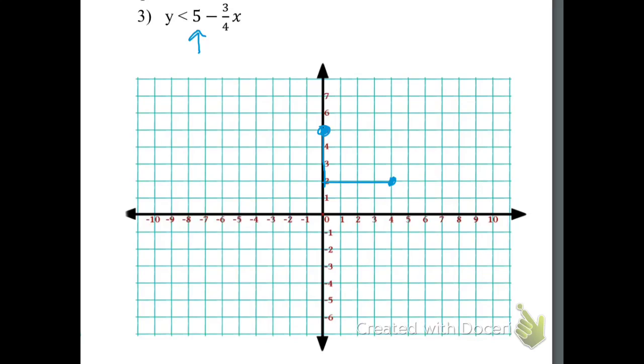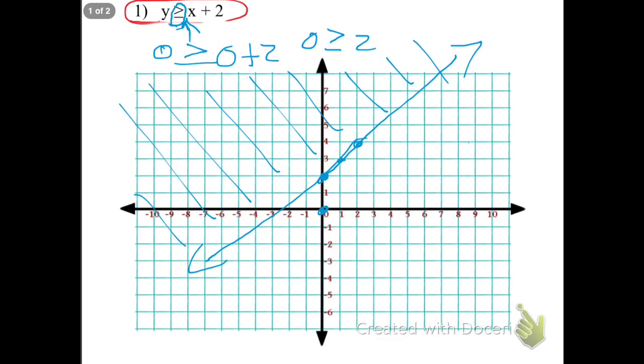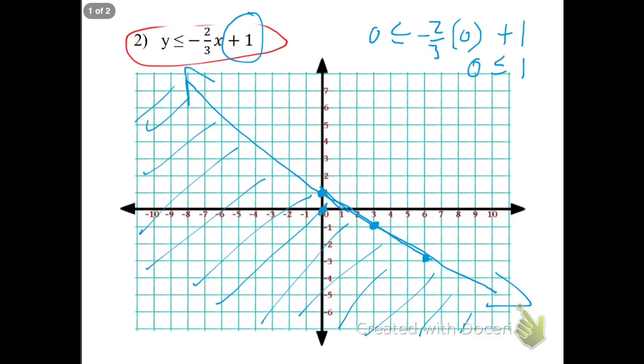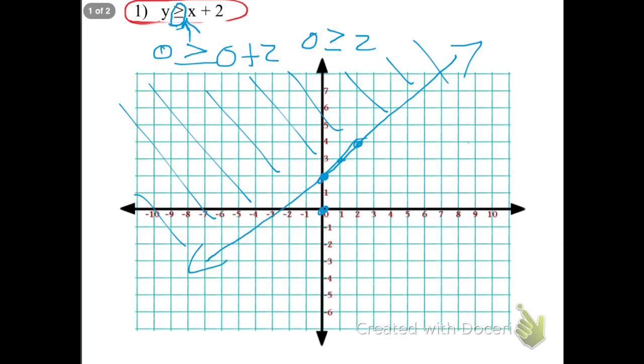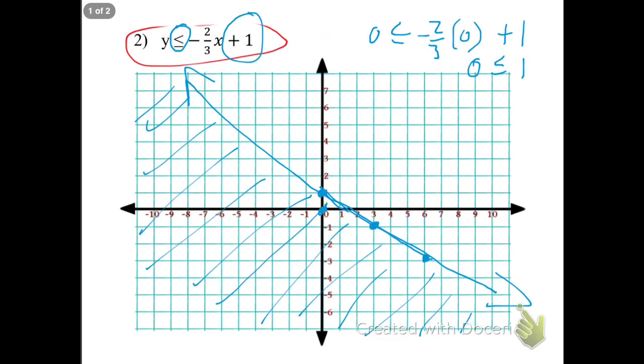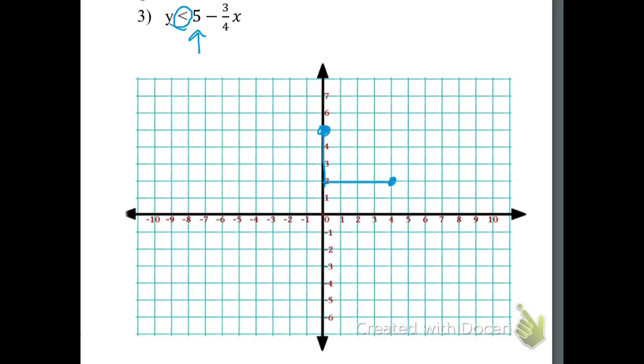You can graph your line, and to decide whether it's dashed or a solid line, you're going to look at your inequality symbol. It is strictly less than. All the previous 2 ones had less than or equal to, or greater than or equal to. This one, strictly less than, so we're going to have a dashed or dotted line.